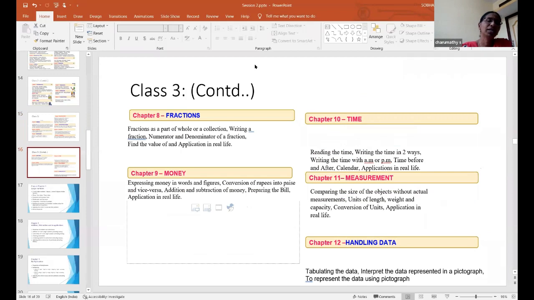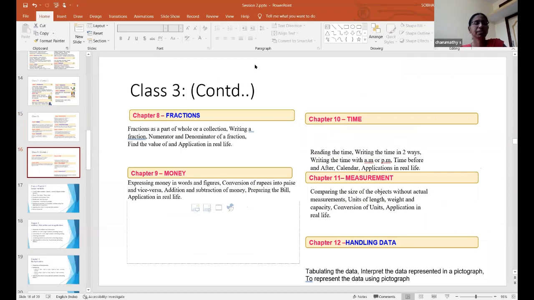Then look at the pictures and write the fraction for the shaded and the unshaded parts, or the parts that are taken and parts that are not taken, or parts that are referred to and parts that are not referred to. Introducing the terms numerator and denominator of a fraction, finding the value of the fraction, and applications in real life.